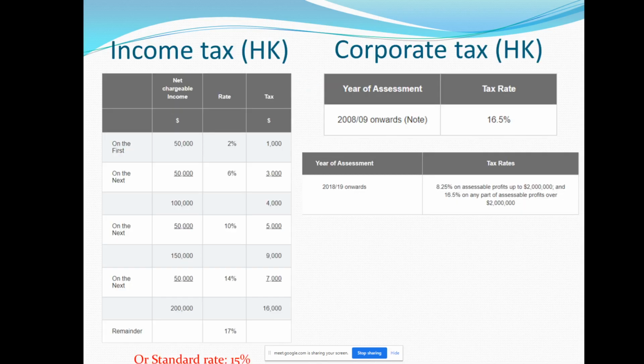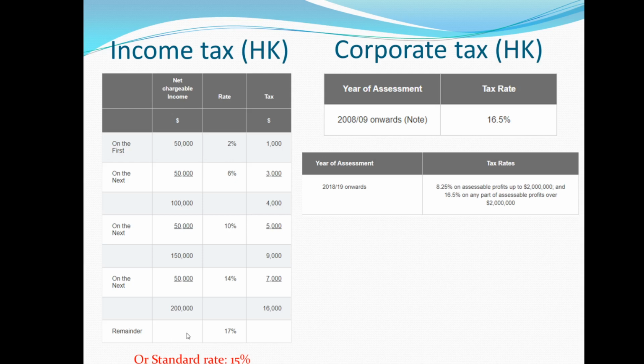Take a look at this. This is basically the taxation system we have in Hong Kong. When we look at income tax and corporate tax, this is what you will see. It is not that rigid. Look at the table here. What kind of tax would you say, in terms of progressive, regressive, and proportional?